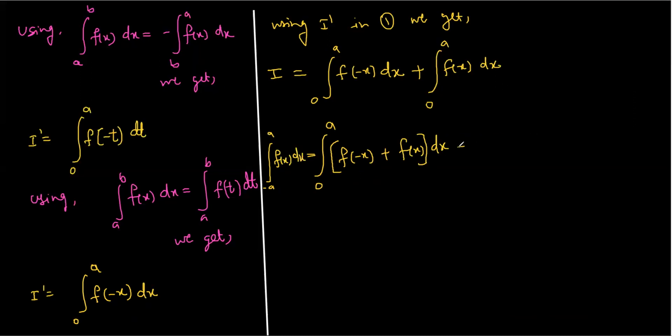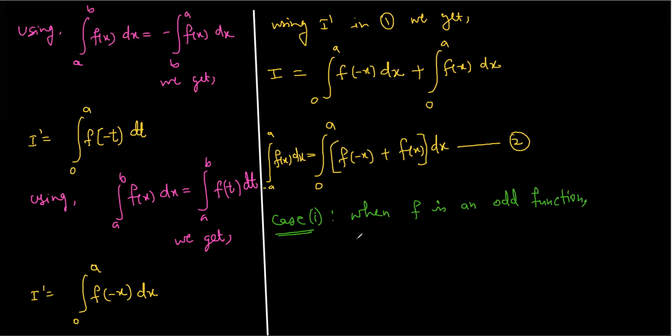How? See, I'll tell you that. I write this as 2. Now I take different cases. I write case 1, when f is an odd function. Now you all know what happens.